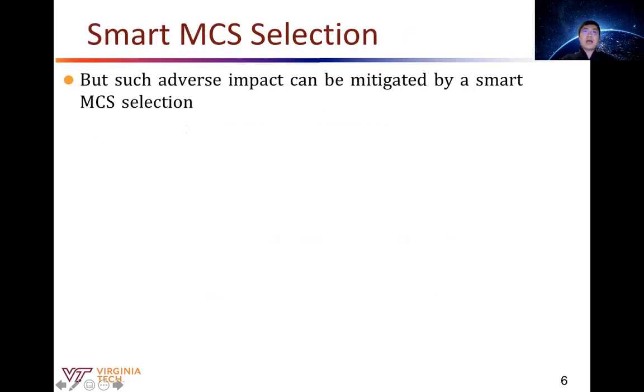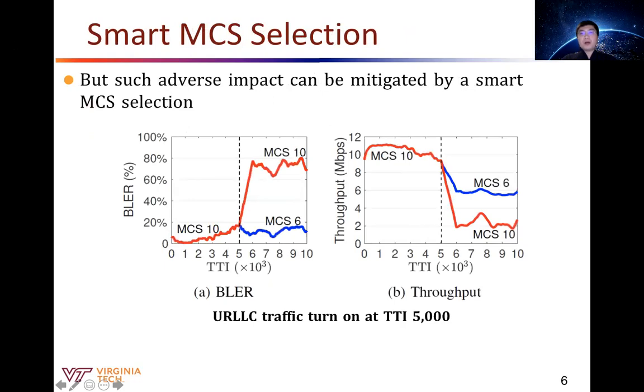However, in our study, we found that a smart MCS selection for eMBB can effectively mitigate such adverse impact from preemptive puncturing on eMBB. We present link-level simulation results in the following two figures to showcase such effect. Consider a specific communication link between the base station and an eMBB user. At the beginning, this eMBB link was configured with MCS level 10.